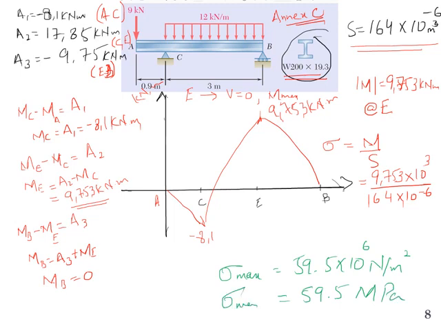Now, this method is known as the graphical method, and we can draw the shear force and bending moment diagram using the relationship between load, shear force, and bending moment.